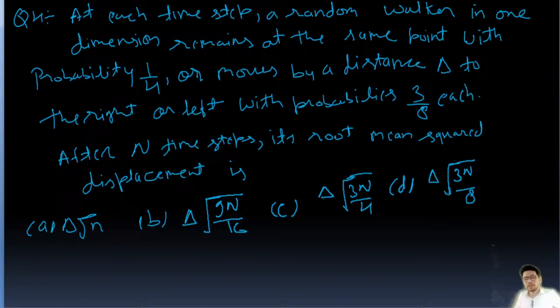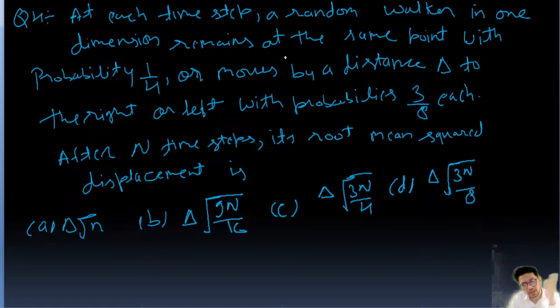Very good question, guys. So the question is, at each time step, a random walker in one dimension remains at the same point with probability 1/4 given, or moves by a distance delta to the left or right with probabilities 3/8 each.